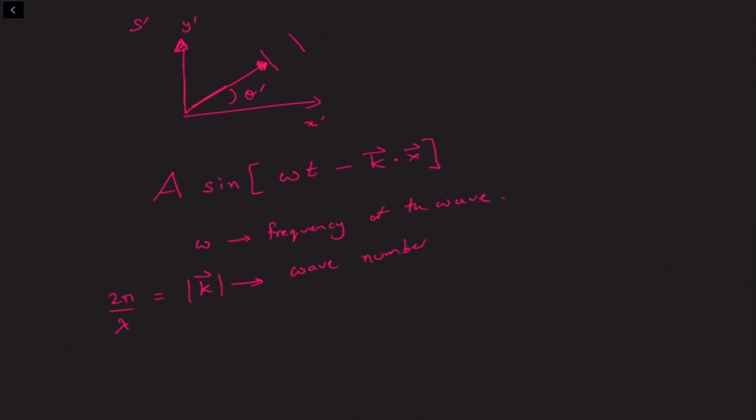The way to think of this wave is as propagating along the direction k hat. k hat gives you the direction of propagation.